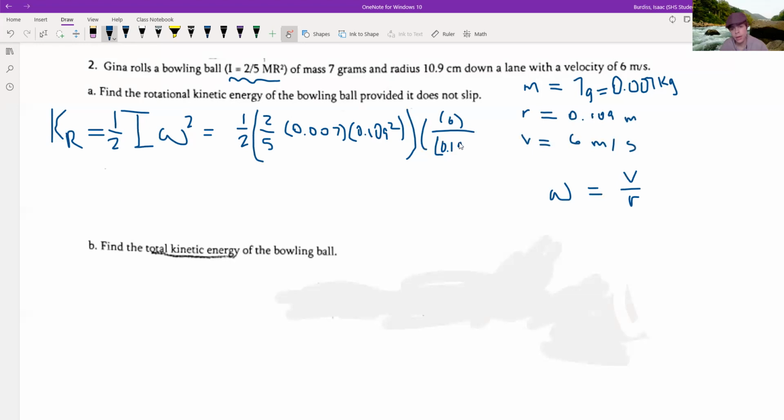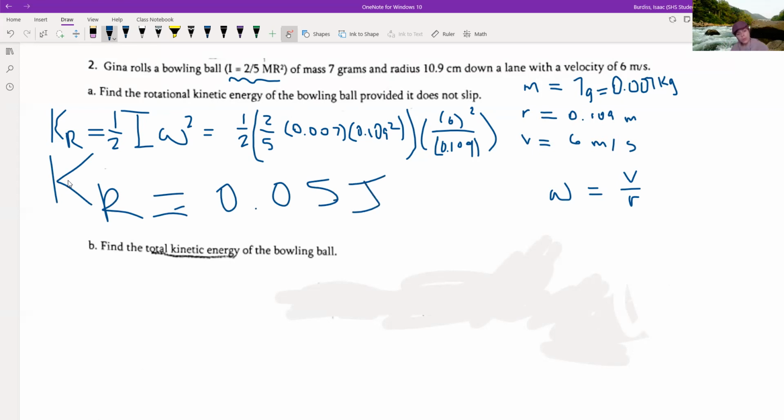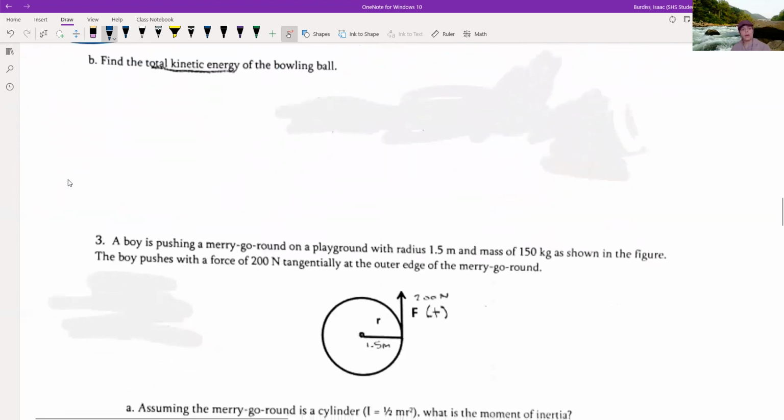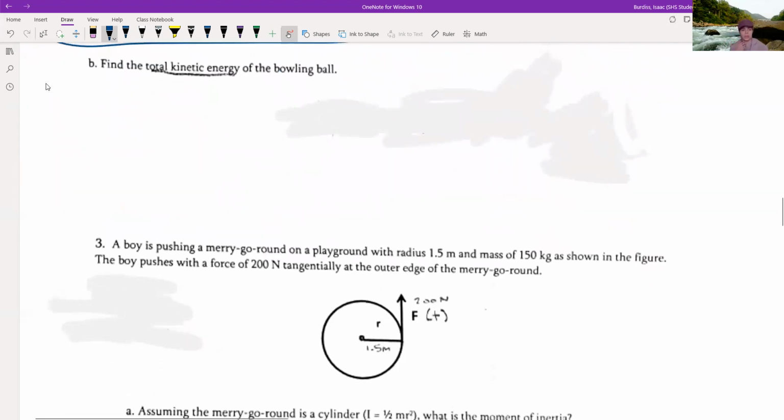I'm trying to write with the mouse, and writing on the screen doesn't really work. So when you plug that in, you get 0.05 joules. That's the answer.